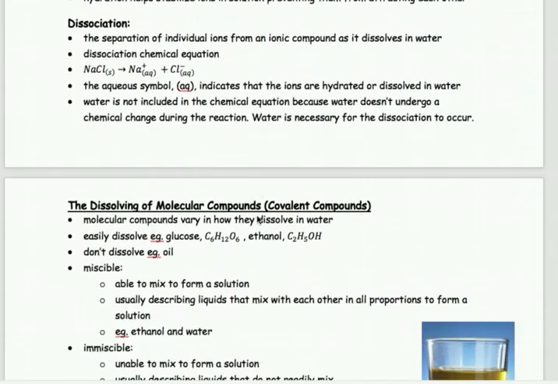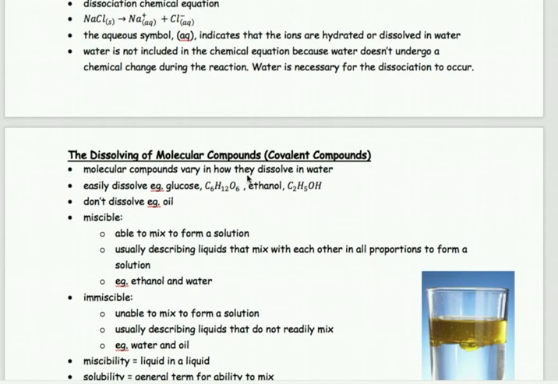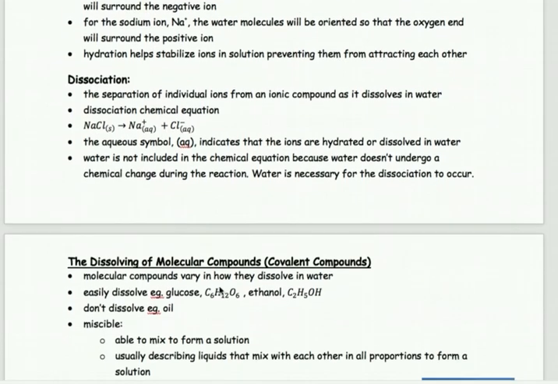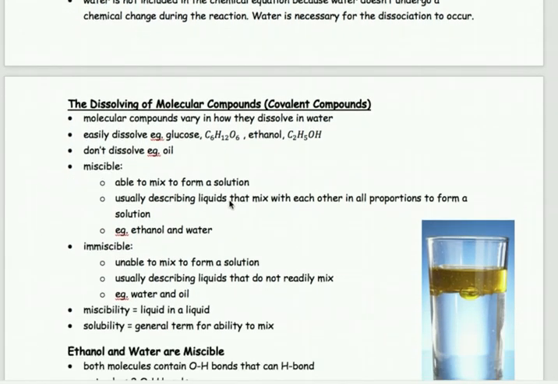Okay. All right. So now what we'll do is we'll look at the counterpart, the covalent compounds. Okay. So the ionic compounds were metal and nonmetal. So the covalent or molecular compounds are the ones where they were all nonmetal. Okay. So what's happening with them when it comes to mixing into a solvent and so forth. Okay. All right.